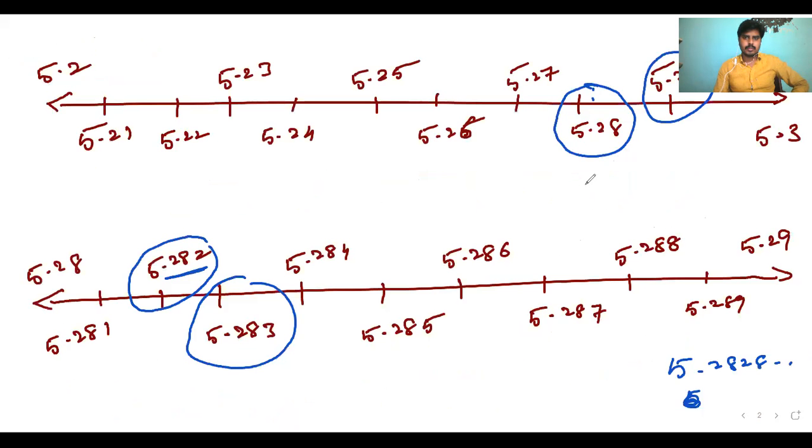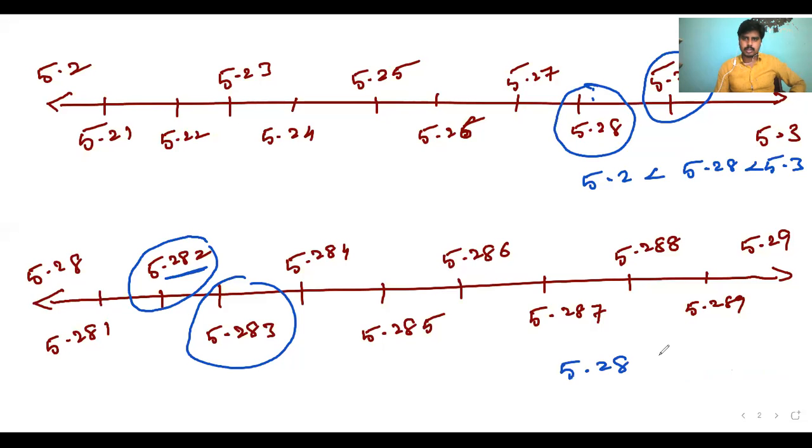Next here we can write 5.2 less than 5.28 bar less than 5.3. And here 5.282 less than 5.28 bar less than 5.283.